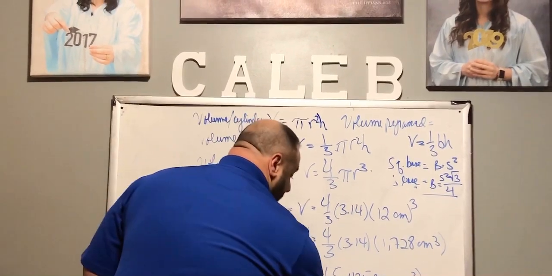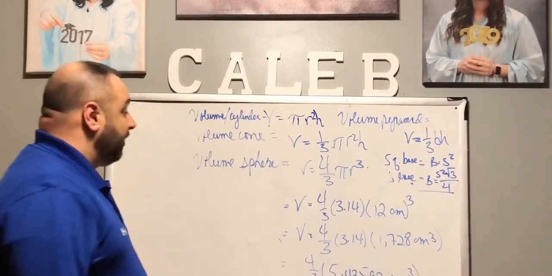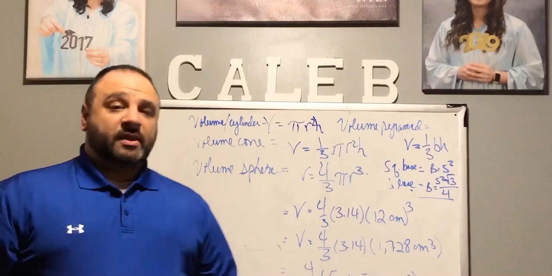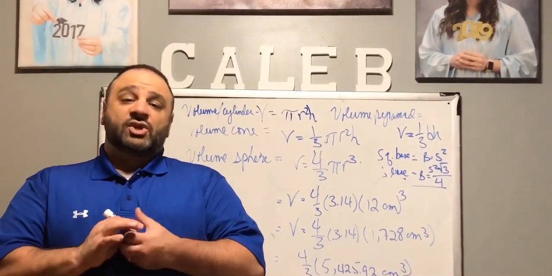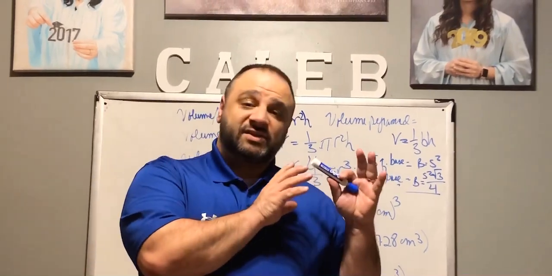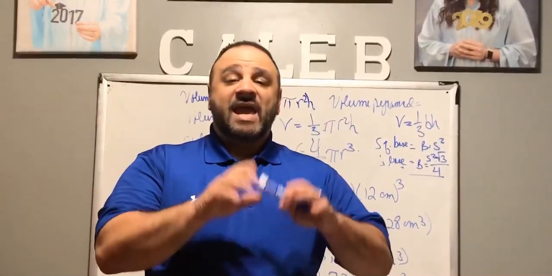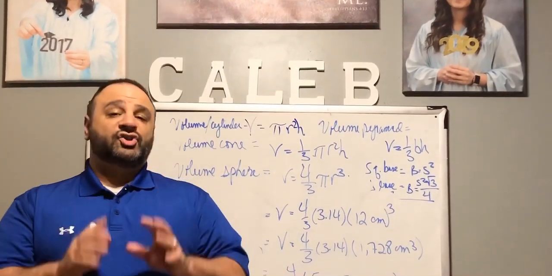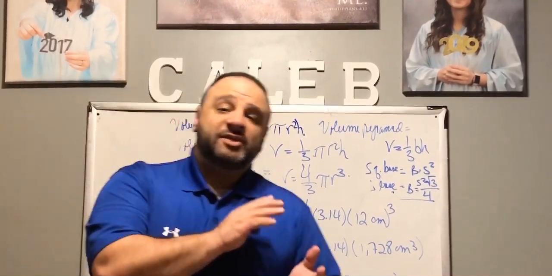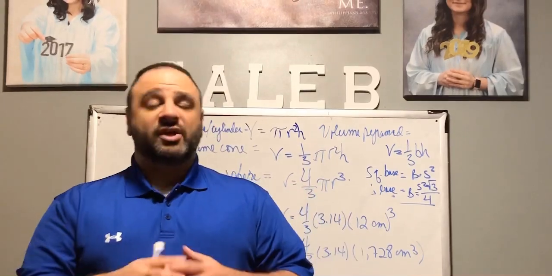So, here we go. Just a matter of plugging in numbers and chugging. Here's the thing that you're going to have to do. You're going to have to memorize these formulas. You should have been memorizing them since the very first time we started this. If you have been, you'll not have a hard time understanding, especially when we get to these polyhedrons, prisms, and pyramids.